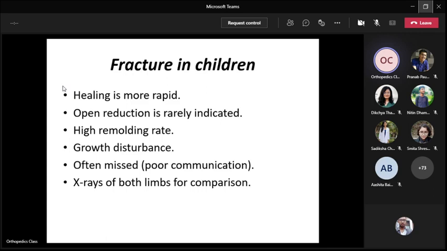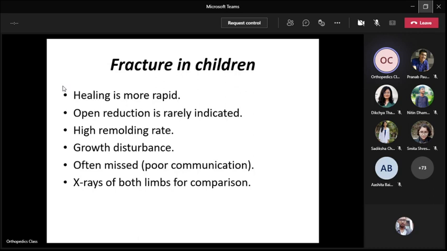But for remodeling, there should be enough age or enough time remaining for the remodeling to occur. Once the growth plate is fused, there is very little chance of remodeling. Similarly, if an injury around the joint damages the growth plate, that will lead to growth arrest, growth disturbance or deformed limbs.